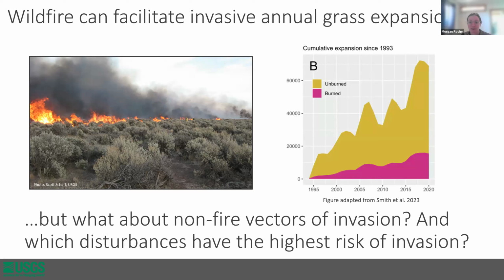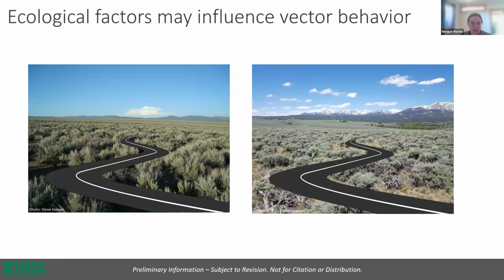So there's a need to understand what is driving the non-fire facilitated annual grass invasion, and what kind of management actions could be used to limit those risks, and where. We also need to understand the conditions under which disturbance vector behavior is expected for any given disturbance, and the consistency of vector behavior. The climatic and ecological context may shape the risk of invasion from disturbance features.